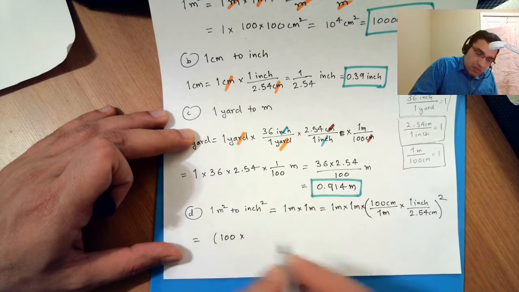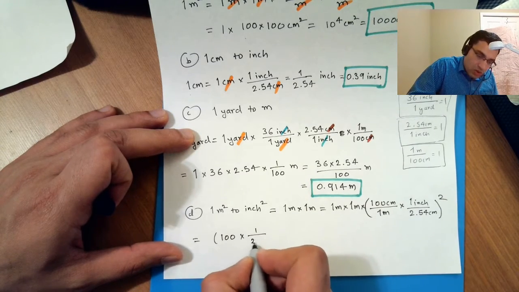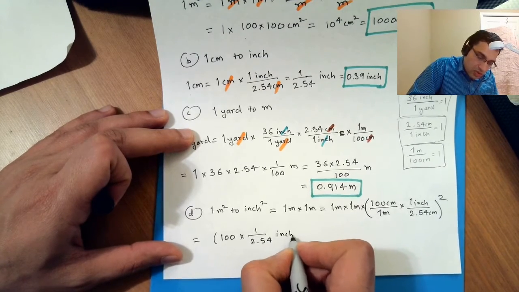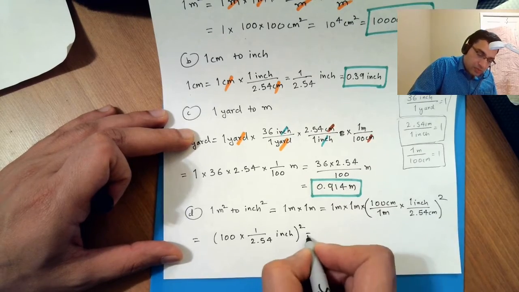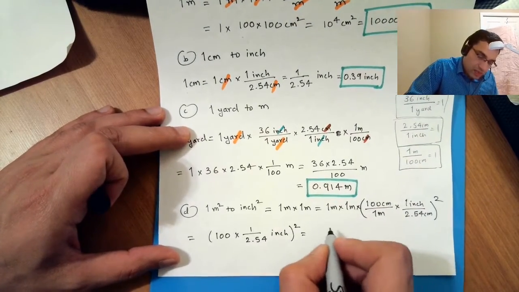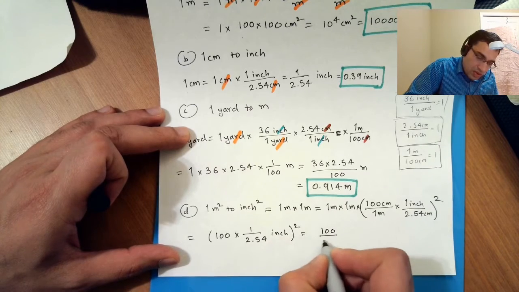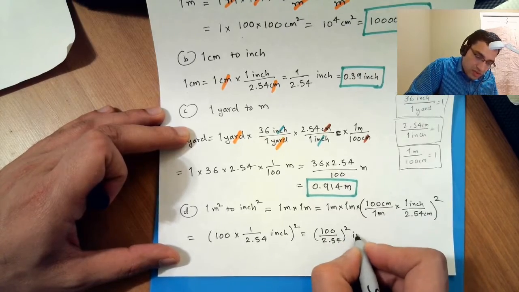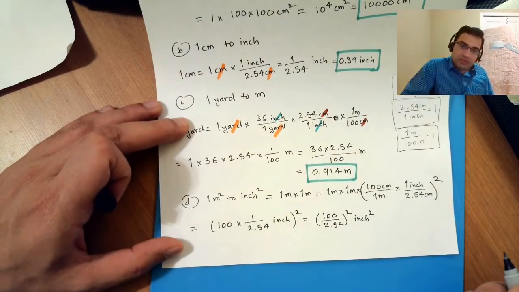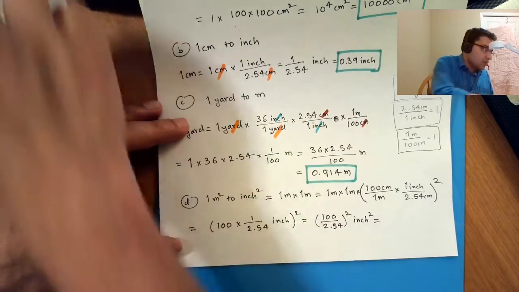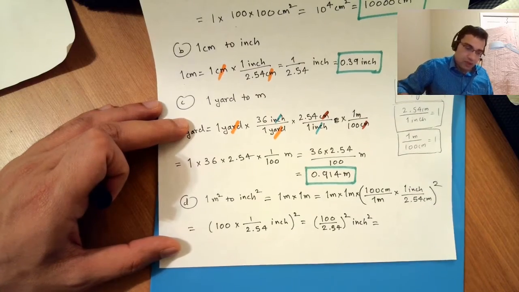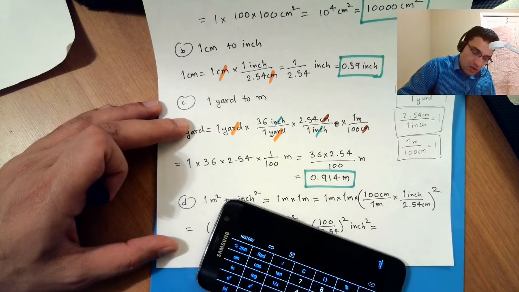100 multiplied by 1 over 2.54 inch square, which is the same as 100 divided by 2.54 squared inch square, which is 100 divided by 2.54 divided by 2.54.